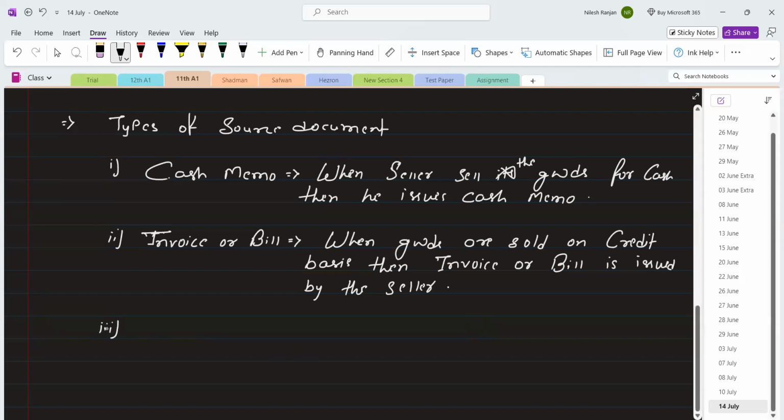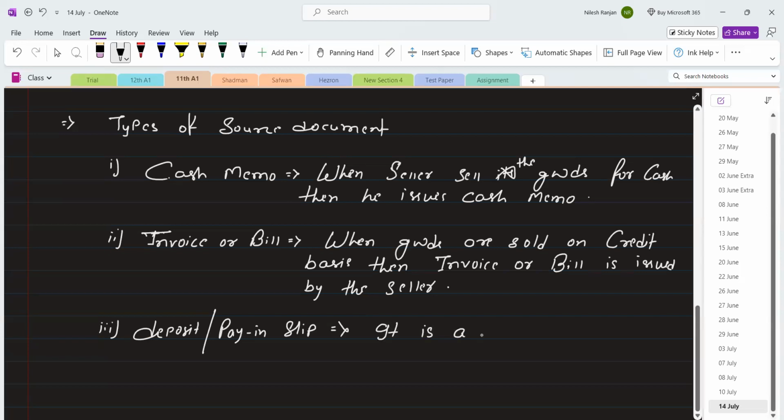Now the third is called deposit slip, or you can say pay-in slip.